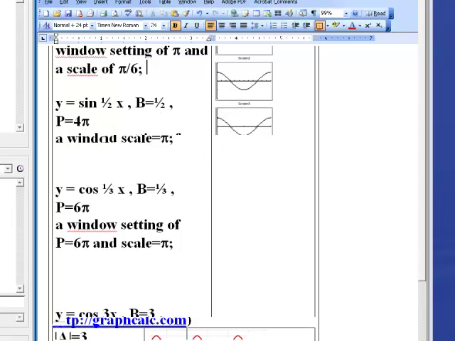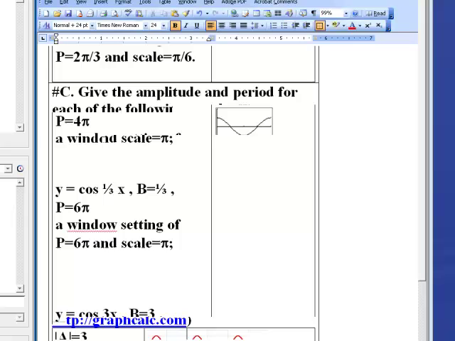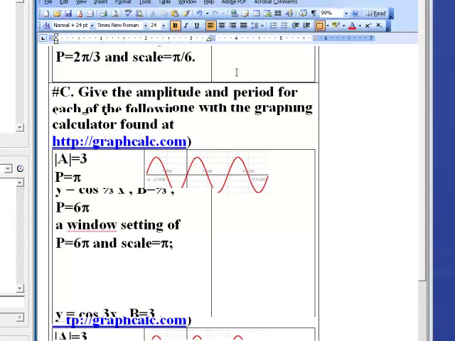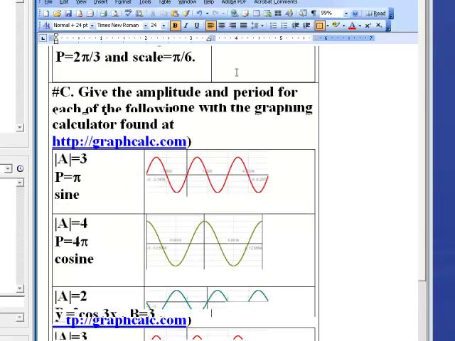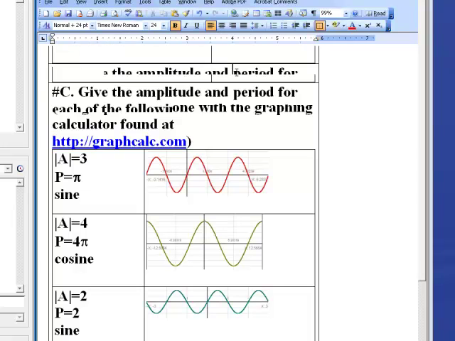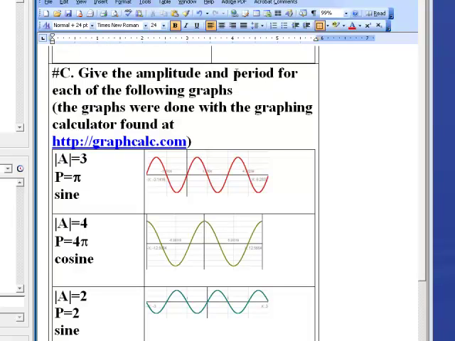Okay, next problem says, give the amplitude and period for each of the following graphs. These are actually graphs you find in your book. In order to get them on the screen, I used an online graphing calculator that I found at apparently graphcalc.com. By the time you're reading that, maybe that has changed, but it didn't take me long to find it, just typing in online graphing calculator, and that was one of the first ones to pop up, and then I copied and pasted in here.